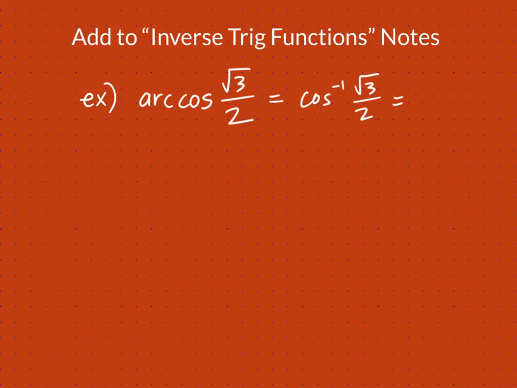Or where does x have a value of square root of 3 over 2? And that's at pi over 6 or 30 degrees. Good. Try these without your unit circle and then confirm it with your unit circle.